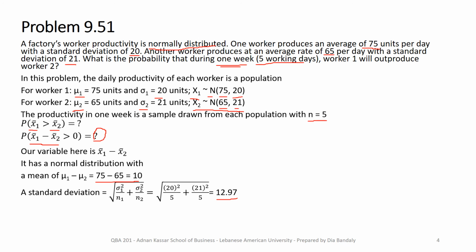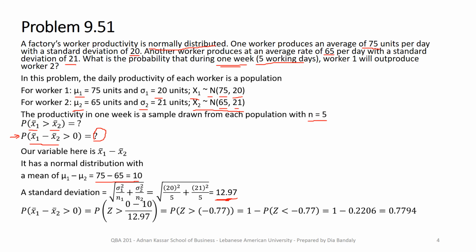Now I'm ready to standardize, because I have already written the probability statement. I just want to standardize by subtracting on each side of the inequality the mean and dividing by the standard deviation, which we just got at 12.97. So we'll do that.